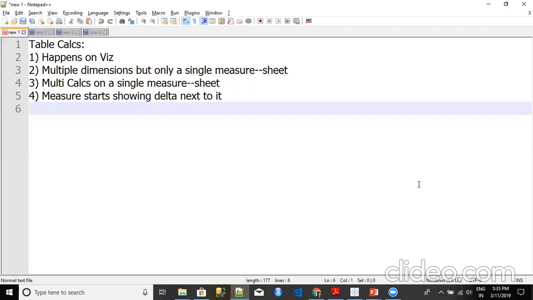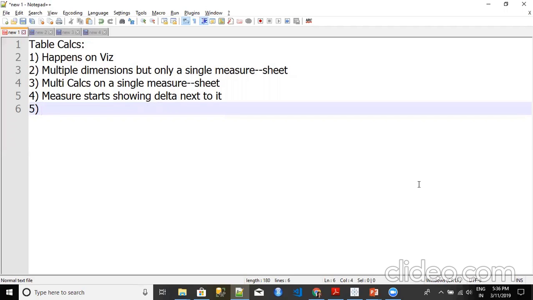So, okay. Few more points from my side to help you understand table calculation better. Like we have dealt with till now, a measure starts showing with a delta sign next to it, and we can have multiple calculations on a single measure. Along with this, till the time we have a single dimension and a single measure in the visualization, we don't have to worry about any other thing.